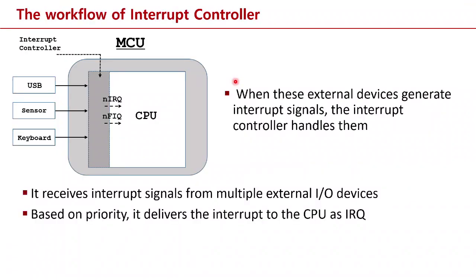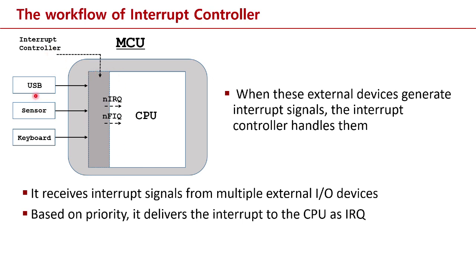Now that you understand why the interrupt controller was introduced, let's think about the workflow of the interrupt controller. In the diagram, the interrupt controller is placed near the CPU processor, and this box is the interrupt controller.